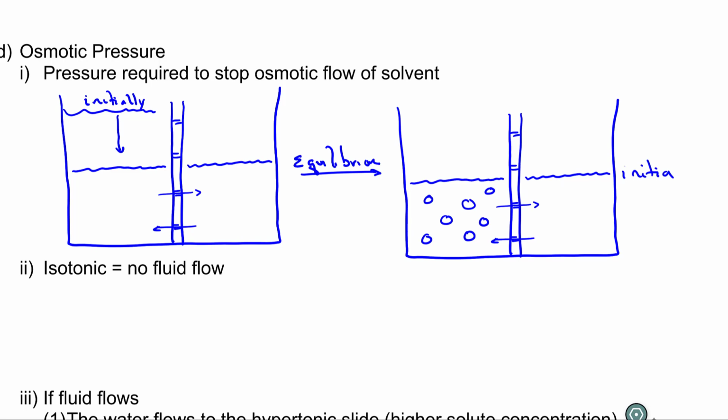But what will happen in this case is the particles restrict the flow towards the right, and this side gets shorter, whereas on the right hand side it doesn't change. So now I'm not at equilibrium anymore. I have a net flow in this direction.